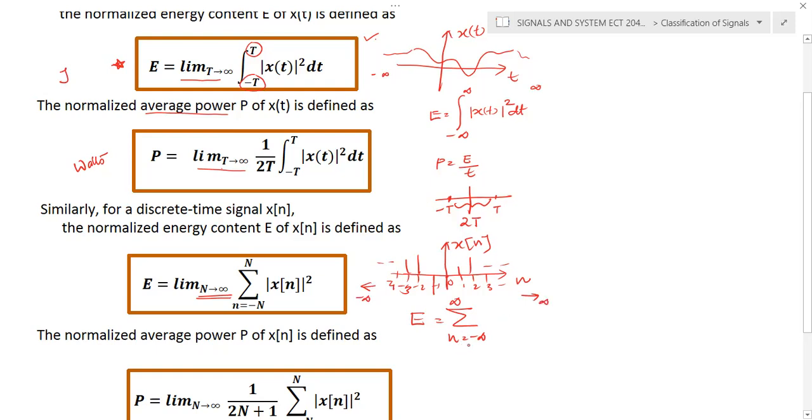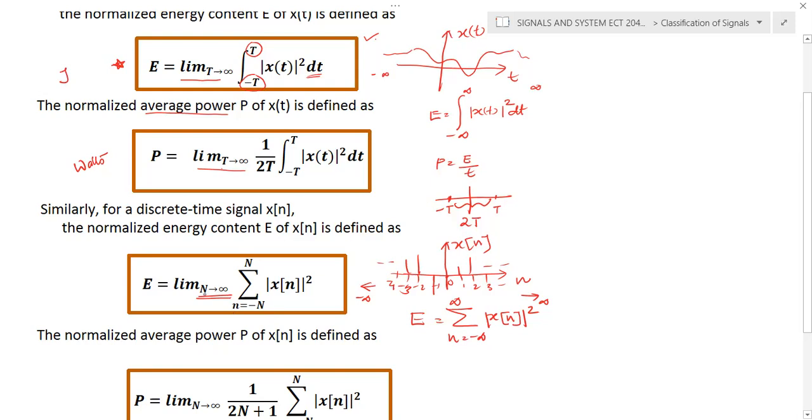So we can write the summation of modulus of x of n the whole square. This is a summation formula, so we don't require any dt term. The dt term is only for the integration, and there is no dt term in the case of x of n or a discrete time sequence.